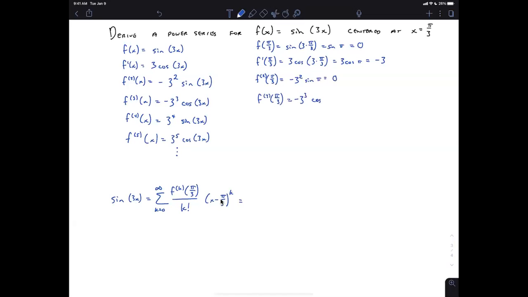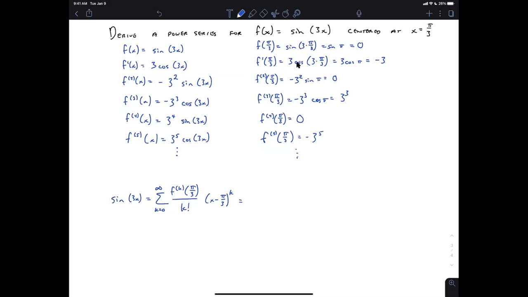Cosine of pi is negative 1. So it's positive 3 to the third. And then if we start to see the pattern, this one's 0, and then this one is 3 to the fifth times negative 1, which is then negative 3 to the fifth. And then that keeps going. Any questions so far?